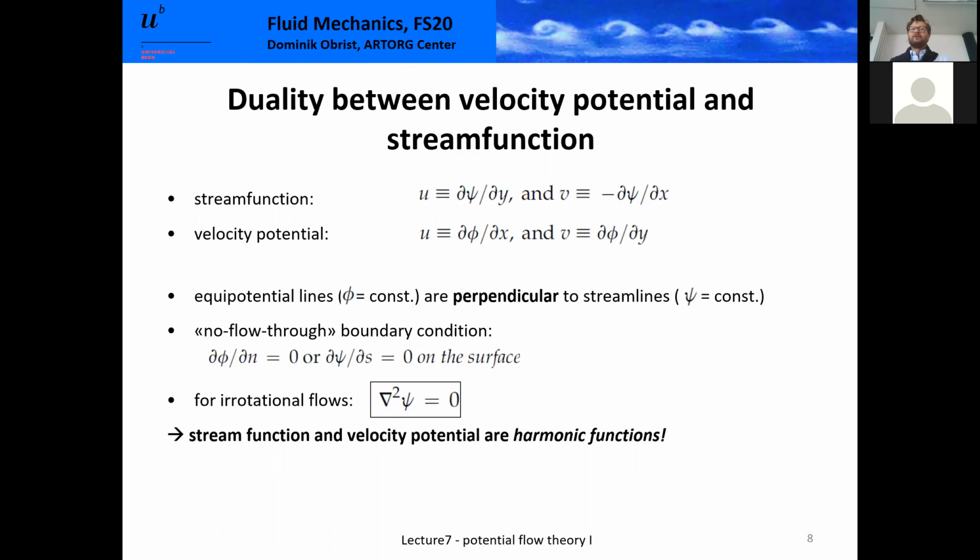Mathematicians call these functions harmonic functions. Harmonic functions are functions which satisfy a Laplace equation, and both are built such that their isolines are perpendicular to each other. So you form like a grid of streamlines and equipotential lines. Very nice, geometrically appealing theory.